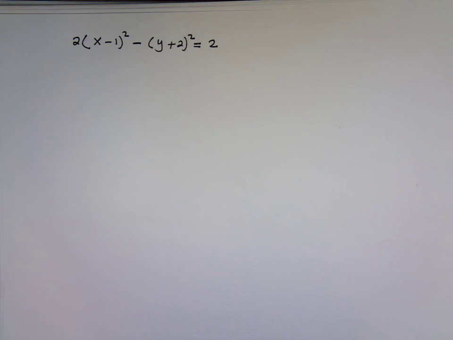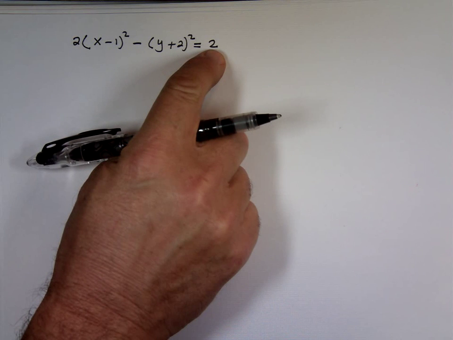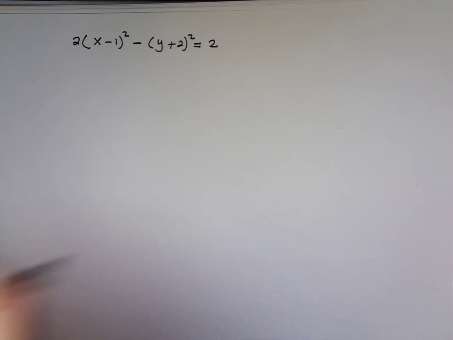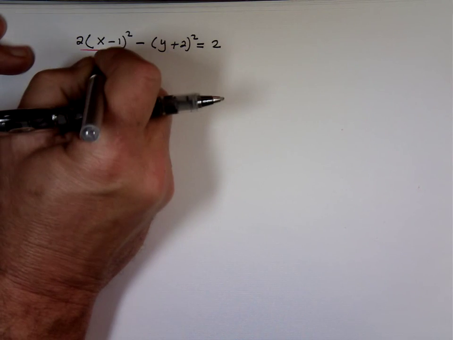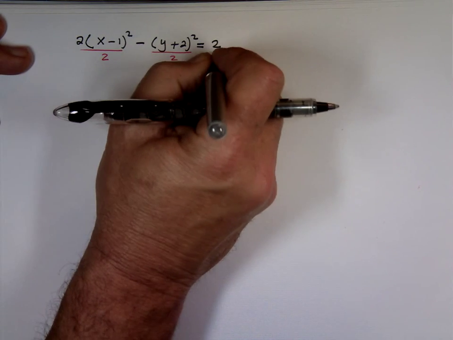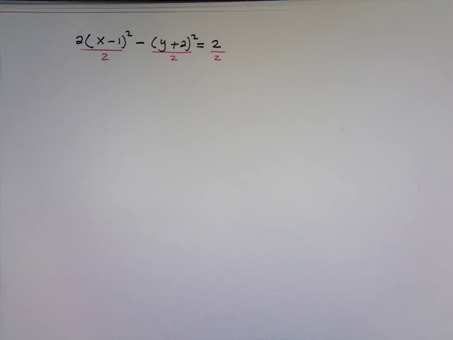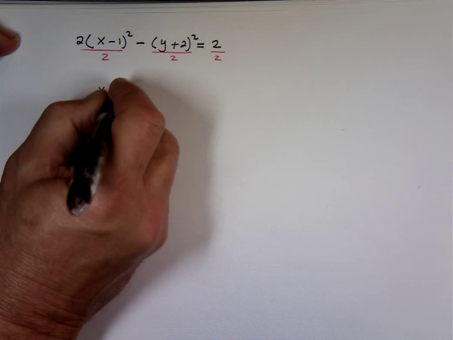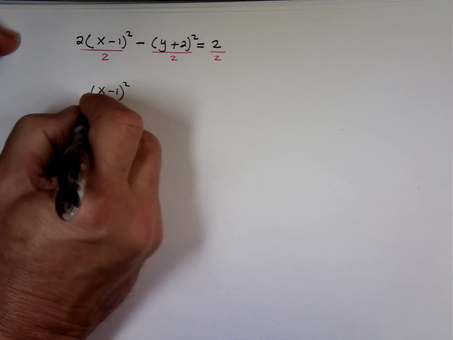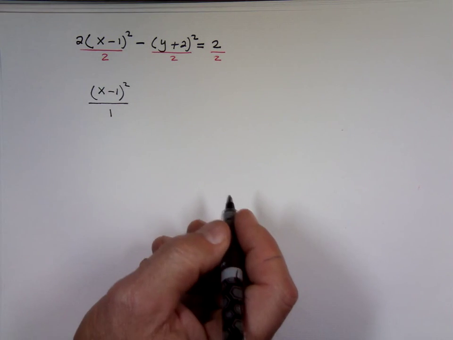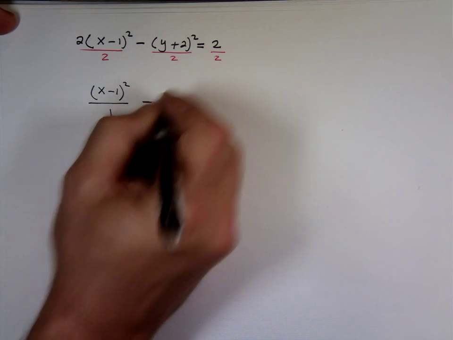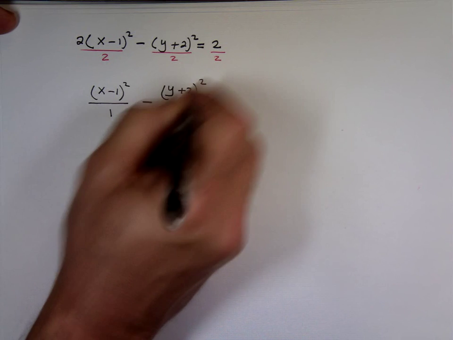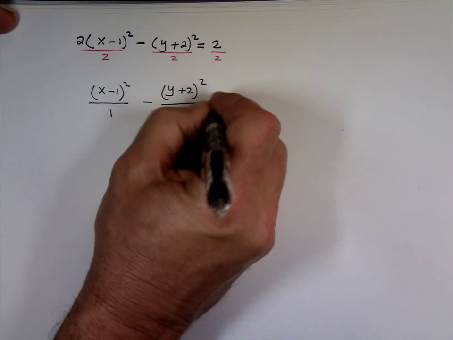First, to be a hyperbola, you want that to be a 1. So what are we going to do? Divide everything, not factor, but divide by 2. So I will have (x minus 1) squared divided by really 1, because there's nothing to divide by, so put 1, minus (y plus 2) squared divided by 2 is equal to 1.